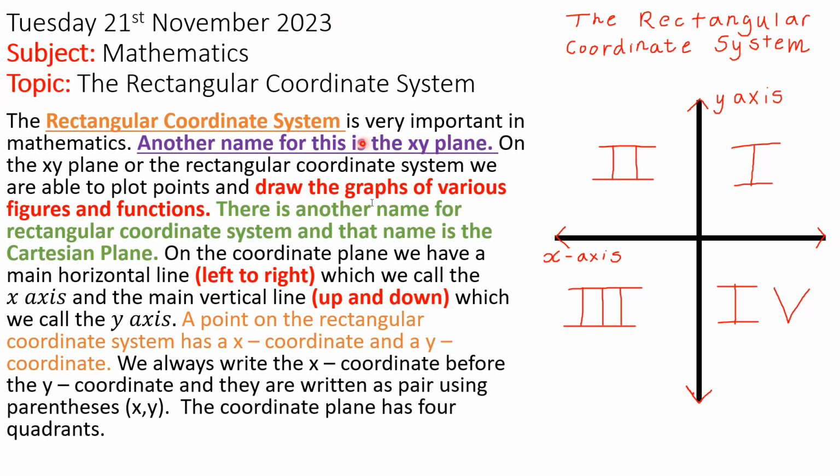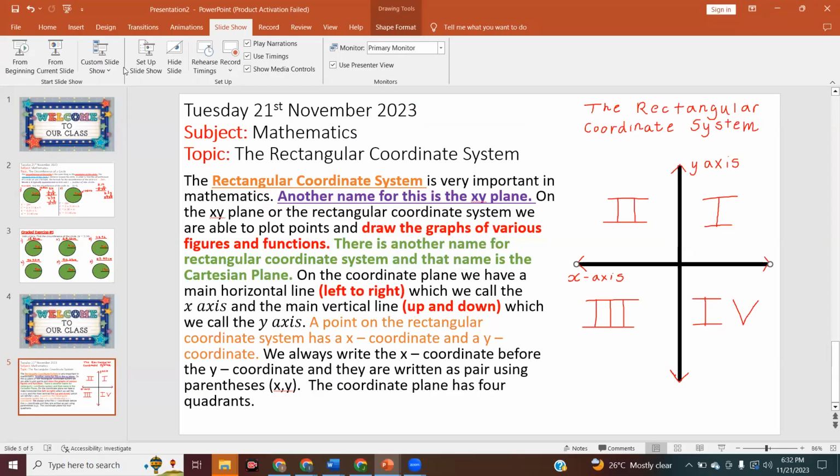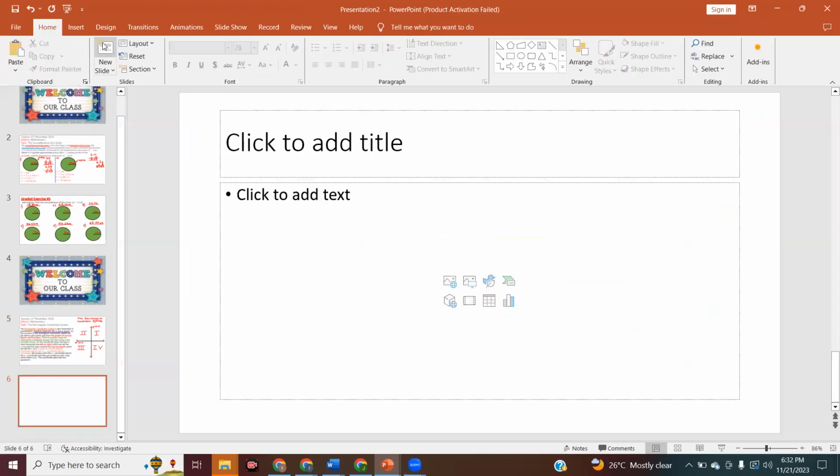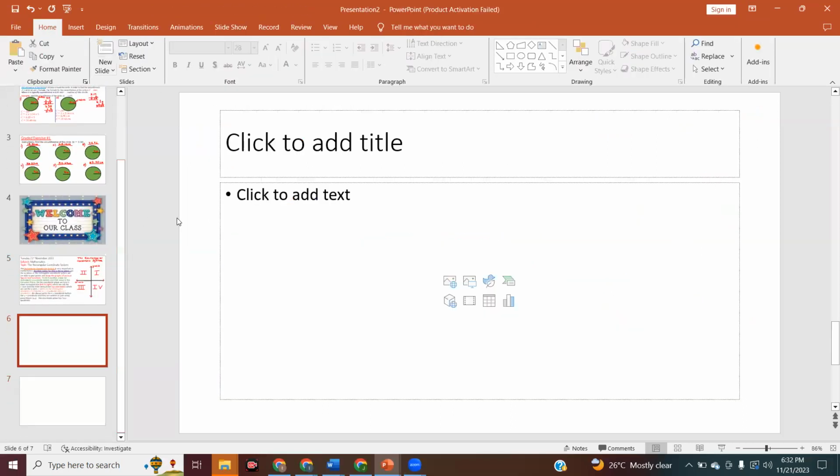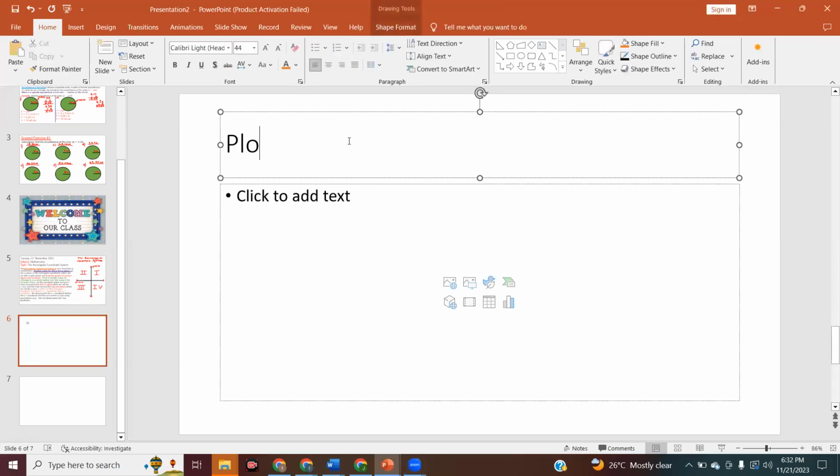Especially Dwayne. Where's Dwayne? Dwayne, are you there? For Javin, who just came, I posted a picture of the previous slide in the chat, for your benefit.